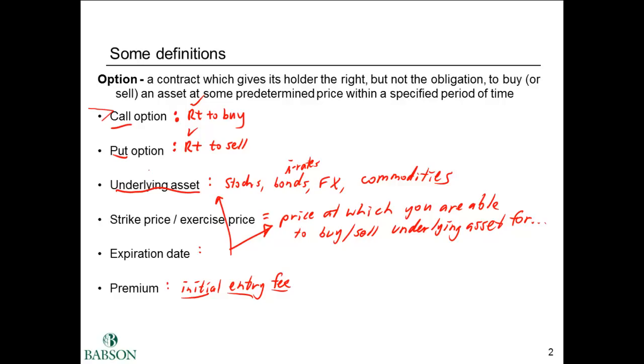So let's say that you're a seller of water, and so I want to own a call option on one bottle of water with an expiration of 1 hour from now.